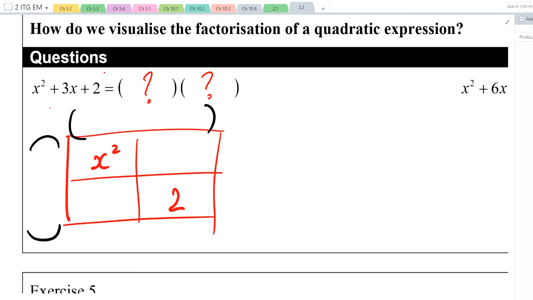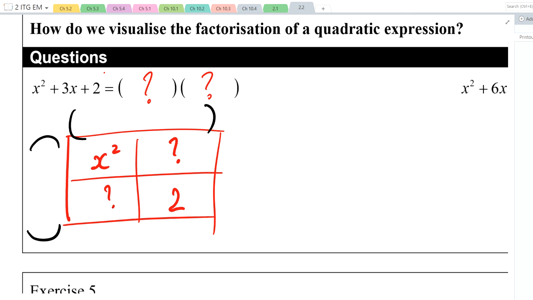Now, here I've got 2 more blanks. What do you think these two blanks, when added up, will give me? 3x, yeah, you're right. Because the whole point of these 4 boxes is that when I add everything up, I am supposed to get x squared plus 3x plus 2.